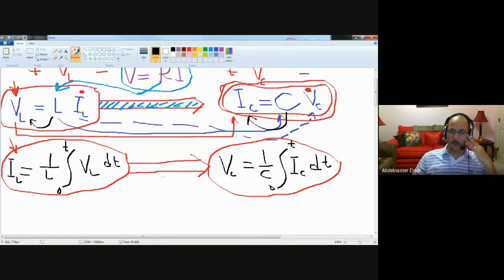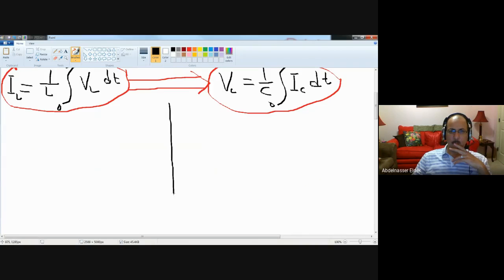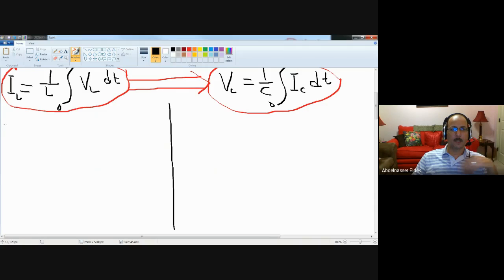What else do we need to know about the inductor and capacitor? The inductor L stores energy.